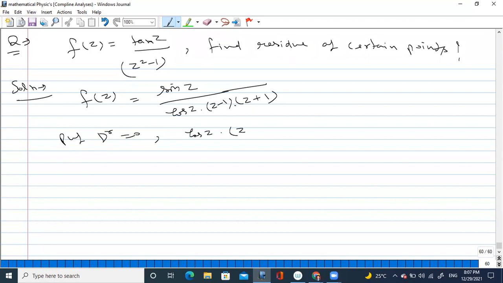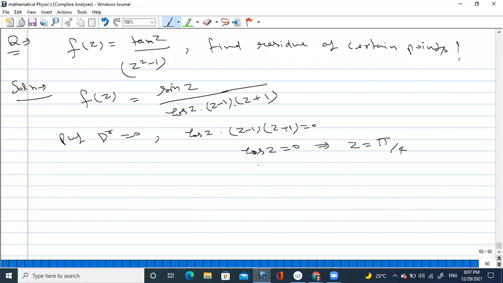Cos z into z minus 1 into z plus 1 is 0. So separately cos z will be 0, this implies z will be pi by 2. This is one pole only I am taking, nearest to z equal to 0, the origin.